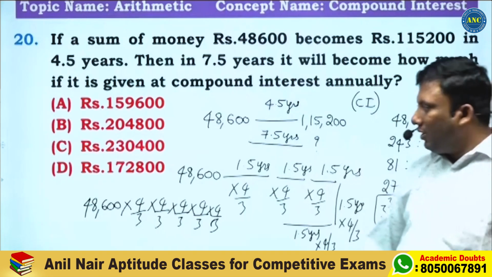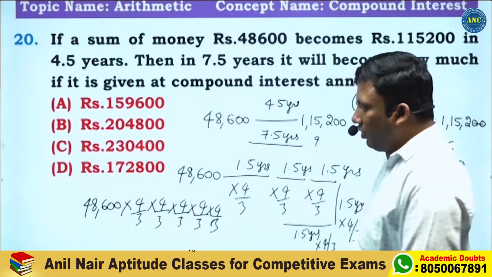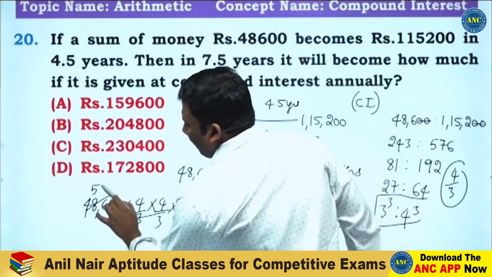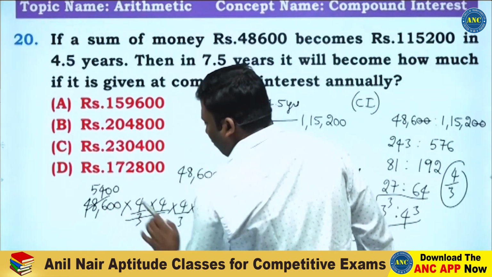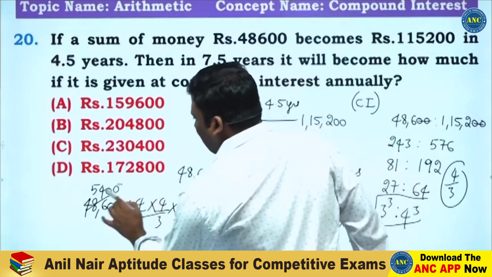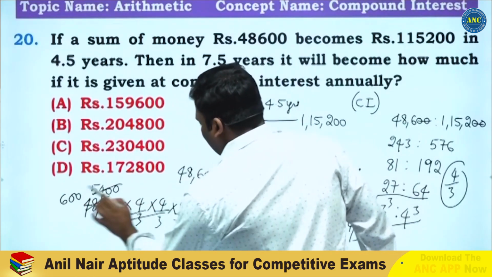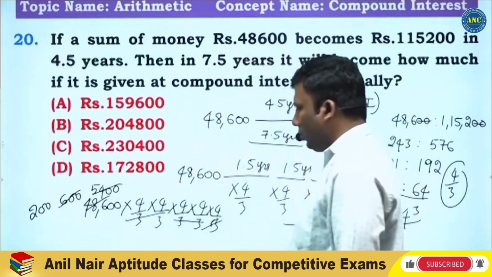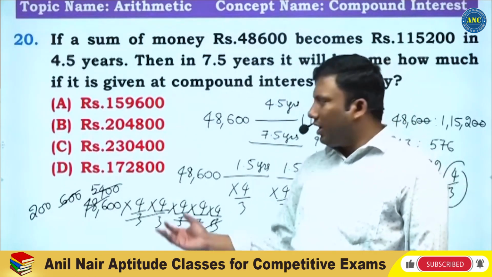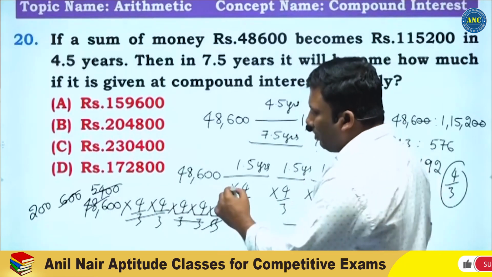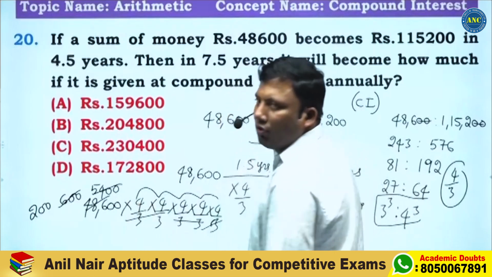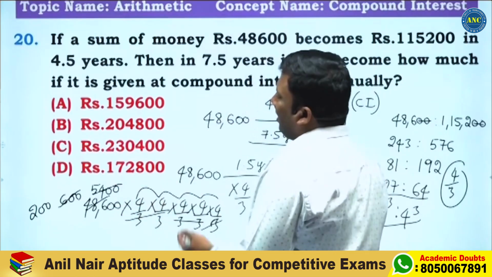So how much will it go to? Let us see. 9 5s are 45, 9 4s are 36, 5,400. Now you can calculate it. Let us go by the unit digit. 4 power any natural number is 4, 4 into 2, 8.